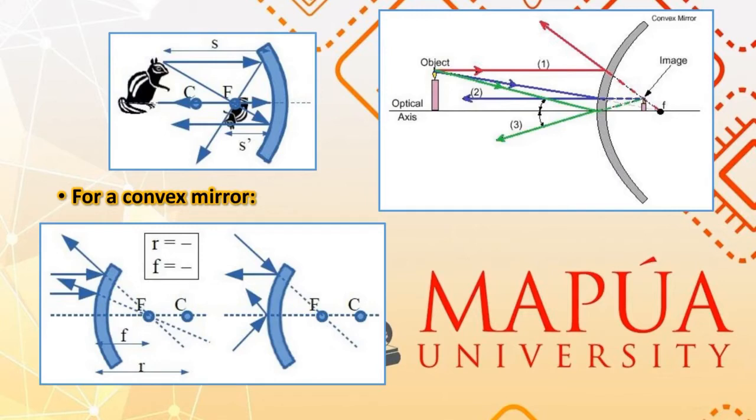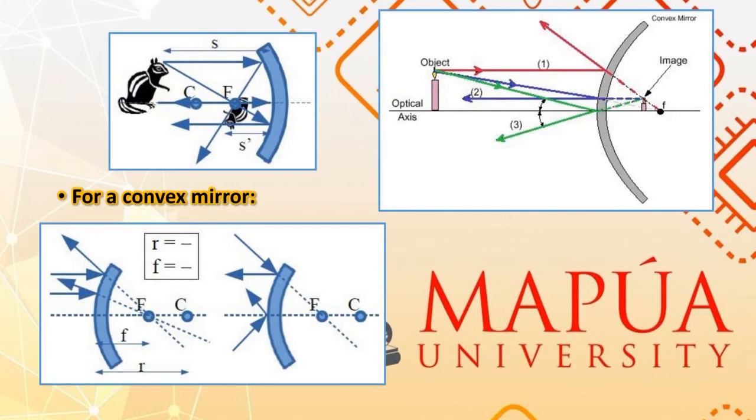And for a convex mirror, you have the opposite. For the concave mirror, you have R and F positive. For the convex mirror, the radius of curvature of the reflecting surface is such that the radius is behind the reflecting surface.